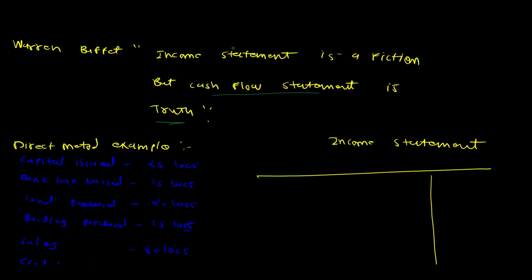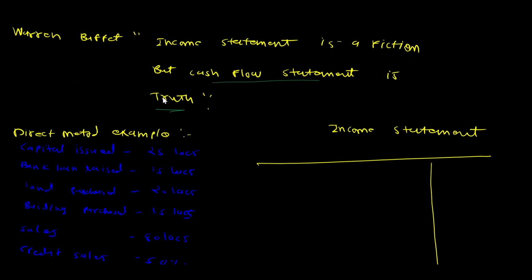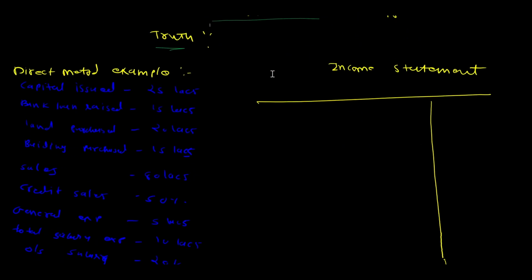The income statement can be manipulated by showing unnecessary income to boost the sales, but the cash flow statement only accounts for the cash received or paid by the company. So it's very helpful.